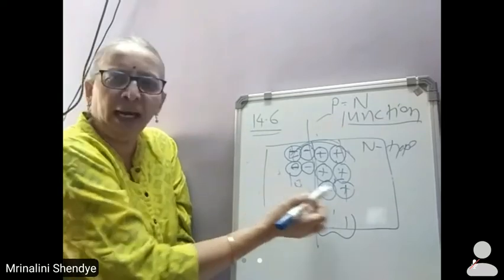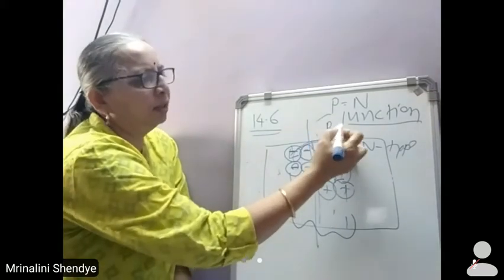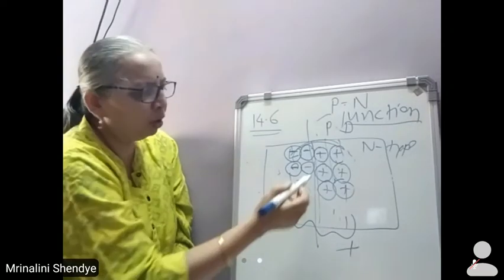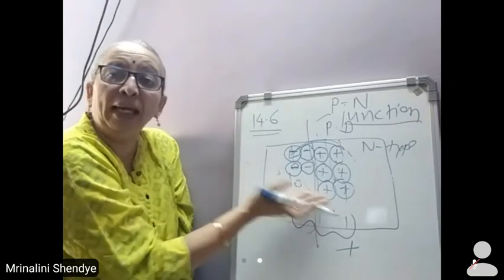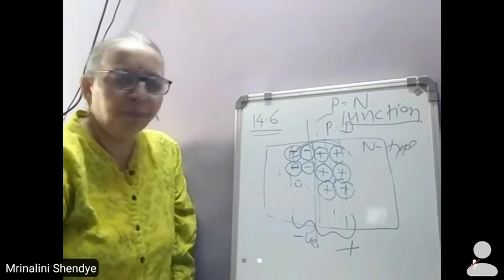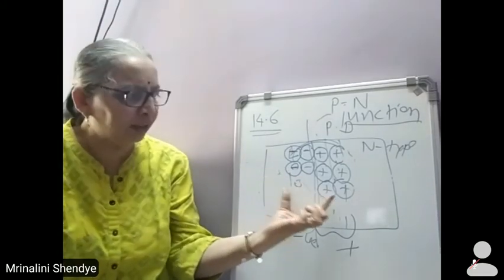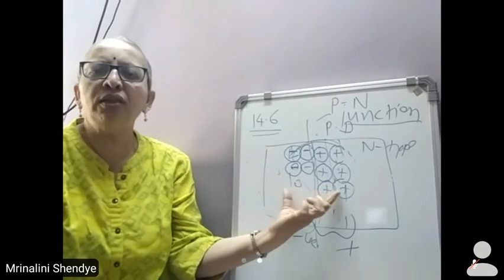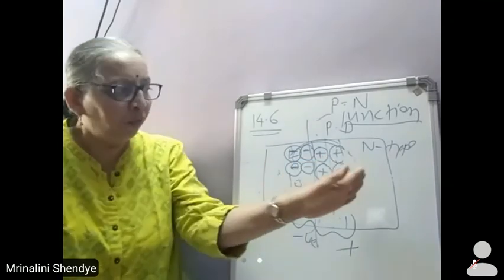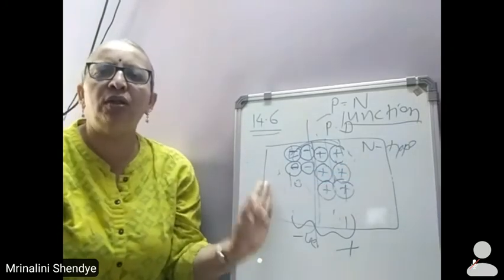This creates potential difference. This side is positive. The total voltage developed on P side will be negative. So you get development of potential difference across the junction, and this stops further flow of electrons.